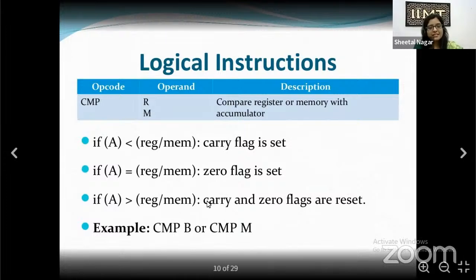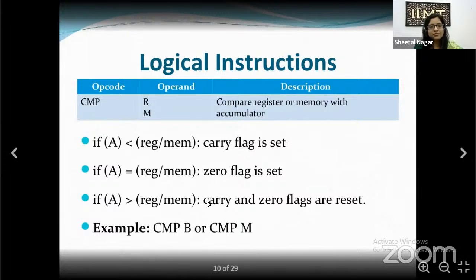Now the next case is if the contents of the accumulator are greater than the contents of general purpose register B or the memory location, then the carry flag will be reset and the zero flag also reset.